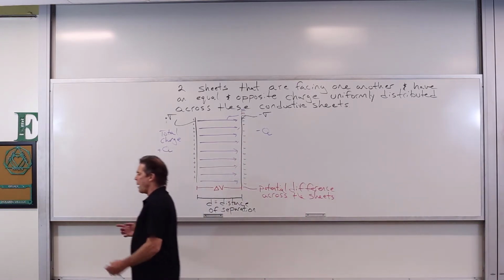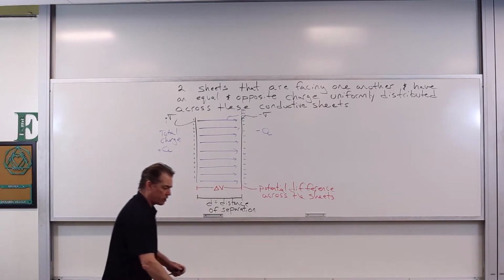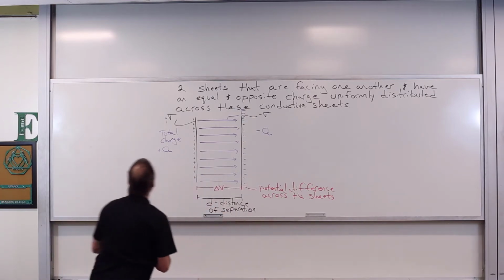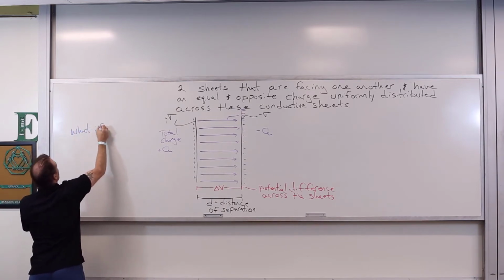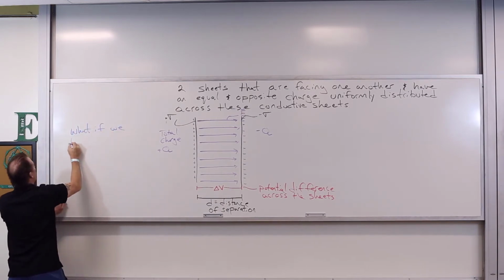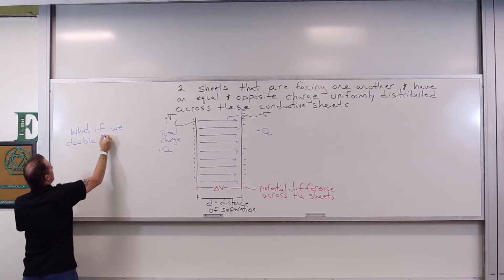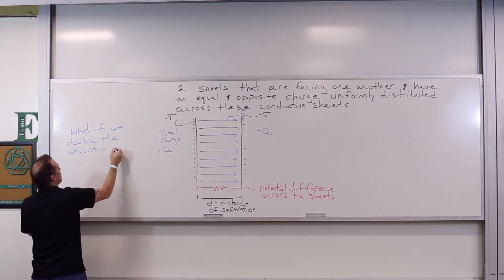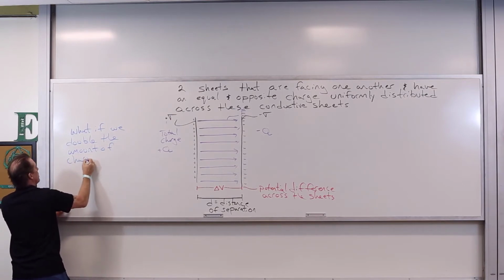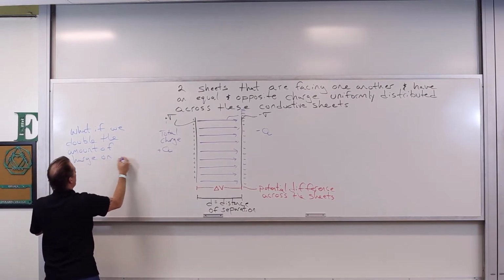Like, what happens if we double the amount of charge on both sheets?